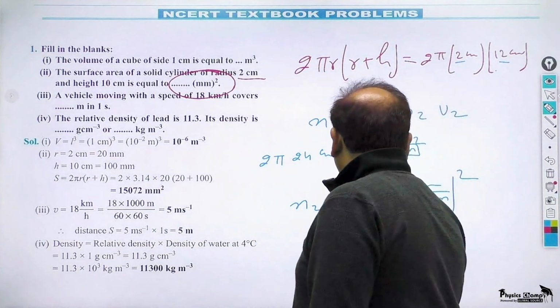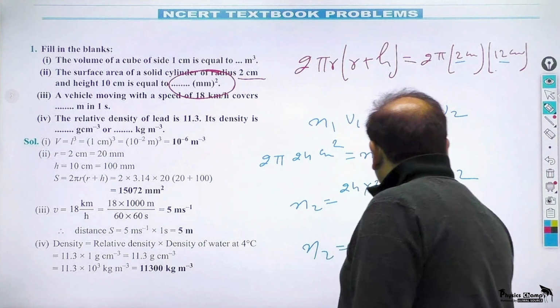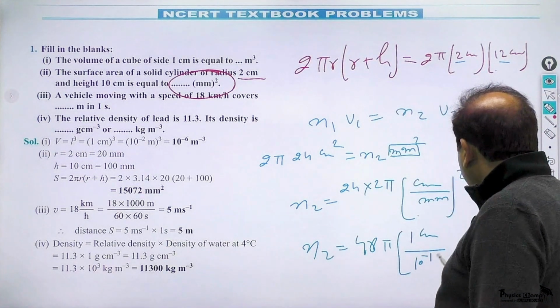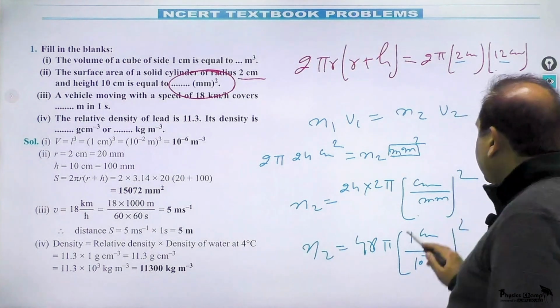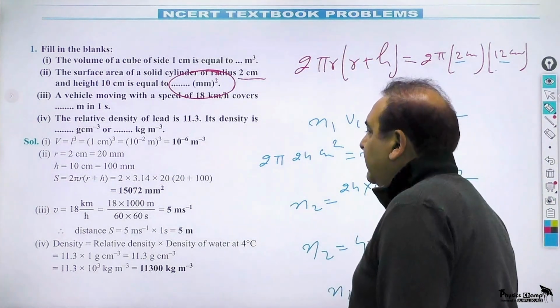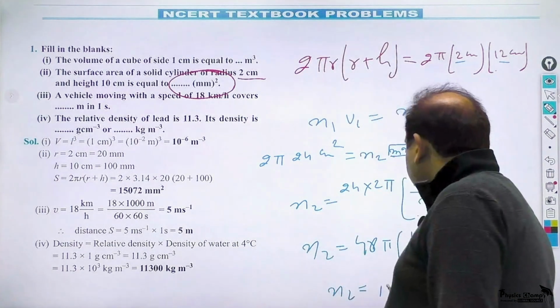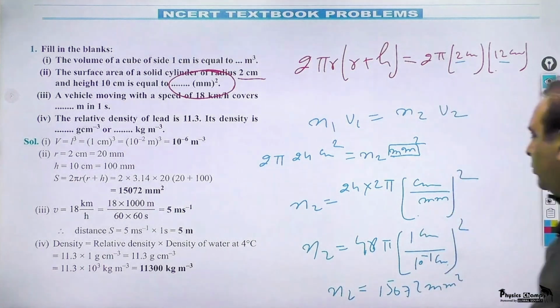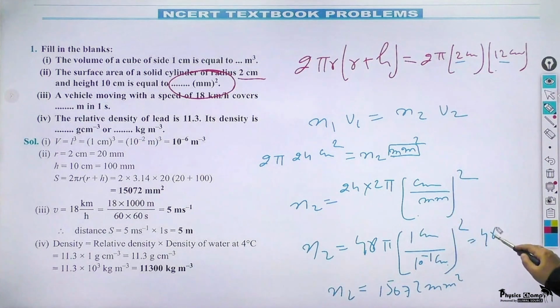So it comes out to be 48 pi, and 1 centimeter divided by 1 millimeter is 10 to the power 1, so centimeter square over millimeter square is 10 to the power 2. So it will be 48 pi into 10 to the power 2. For the value of pi as 3.14, we get 15,072 millimeter square. So that's how we can calculate the surface area.